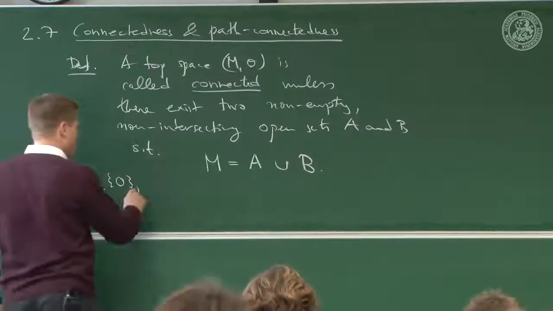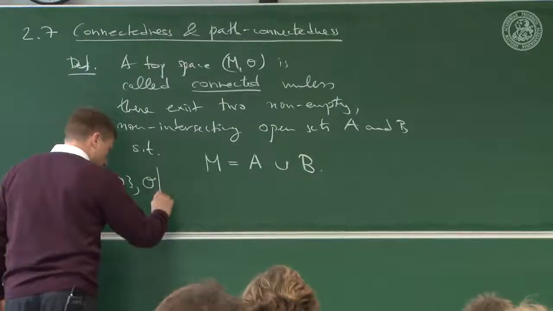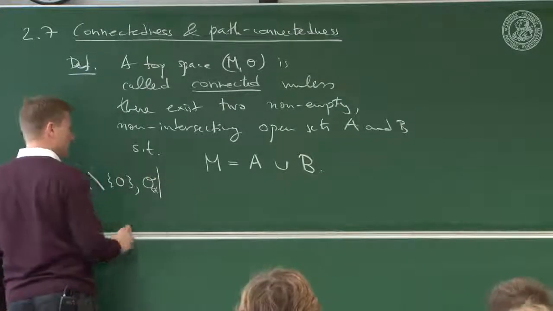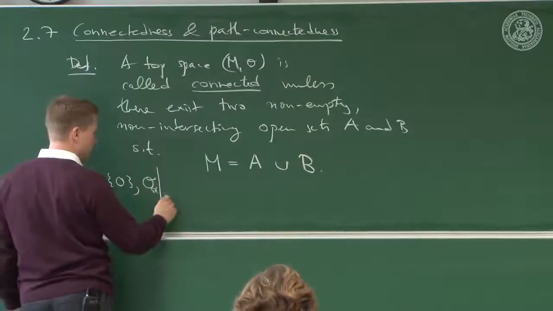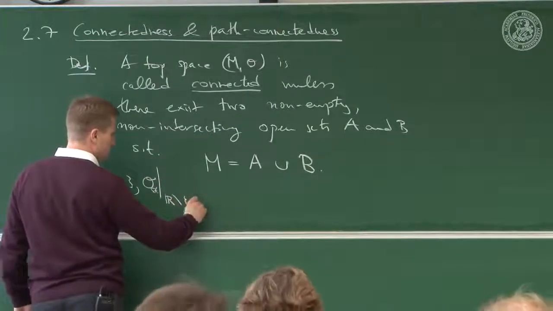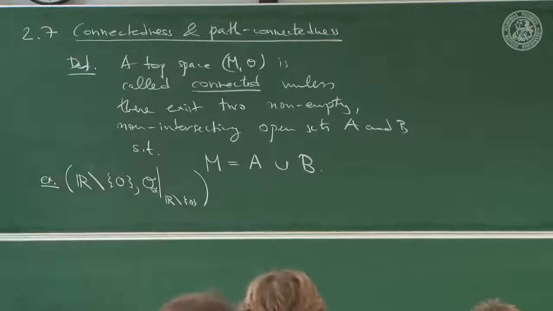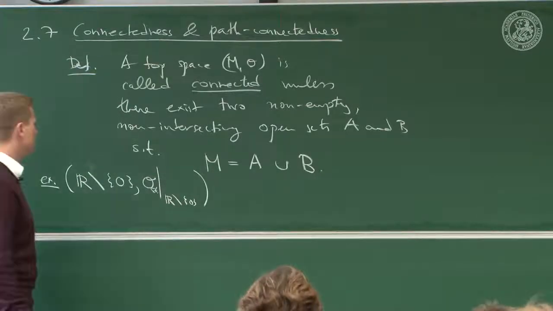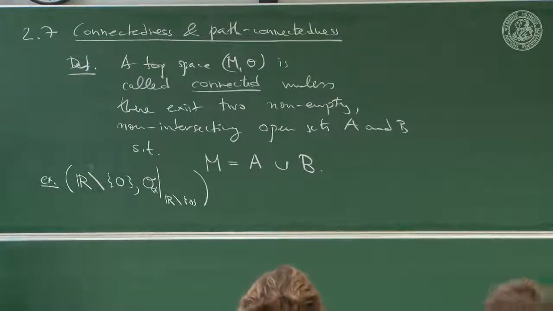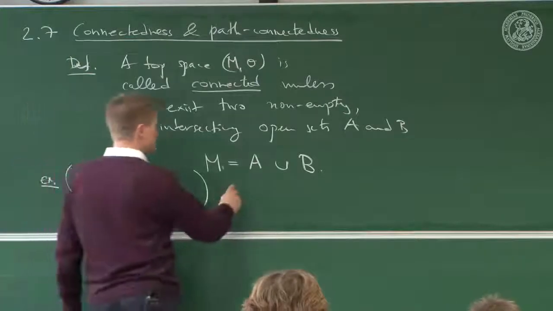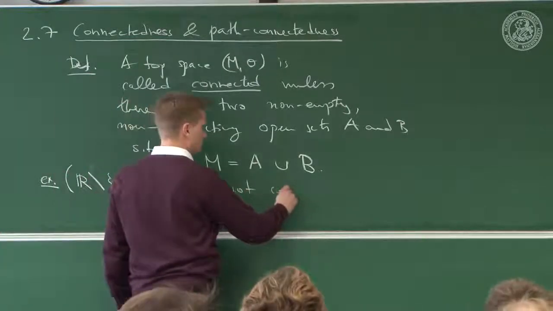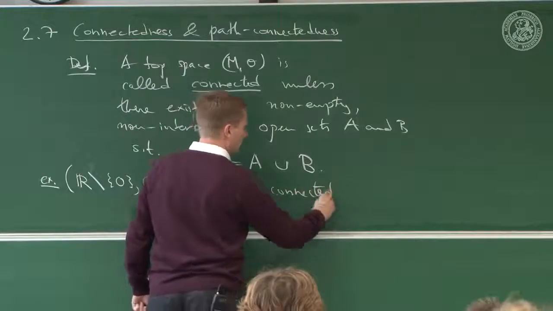So, example: if you take the real line and you take out the zero, and you equip this with the topology that's induced by the standard topology on that subset, you look at this set, and this set is not connected. Not connected.